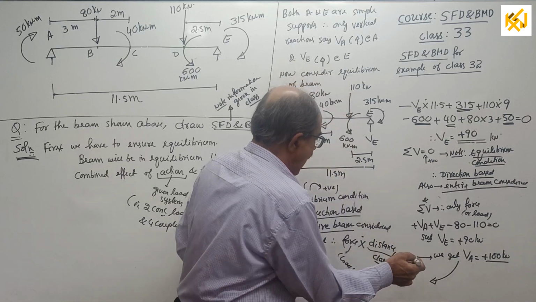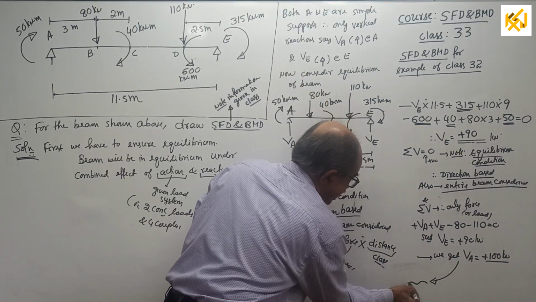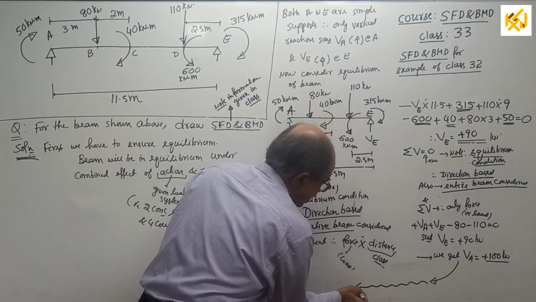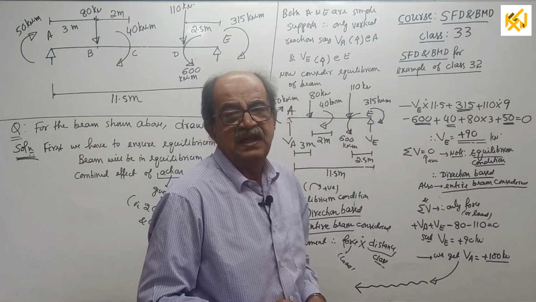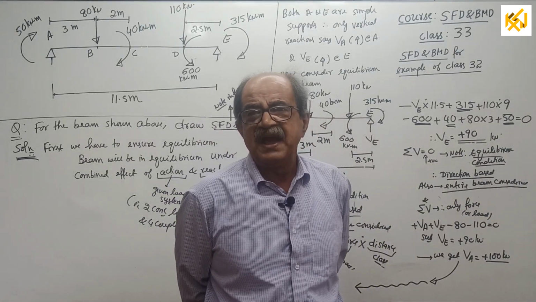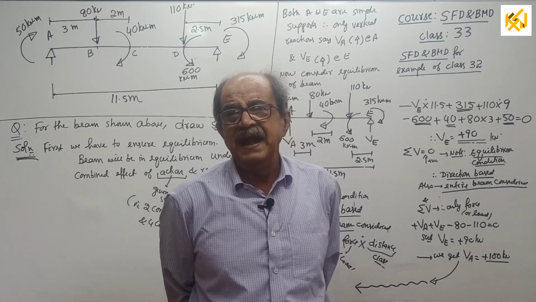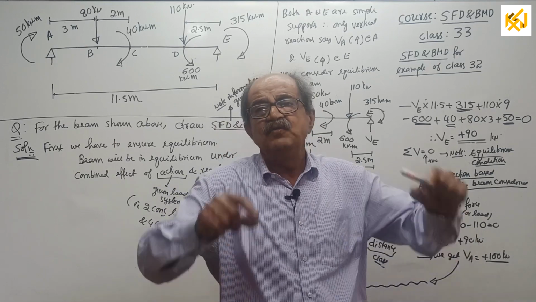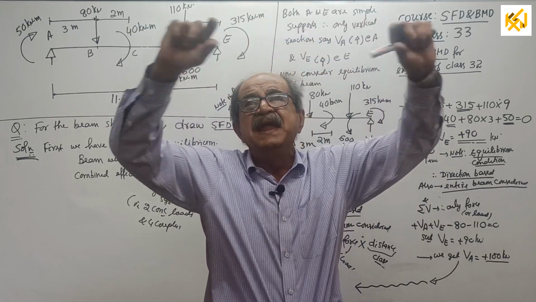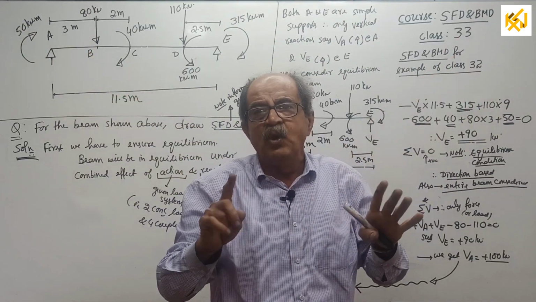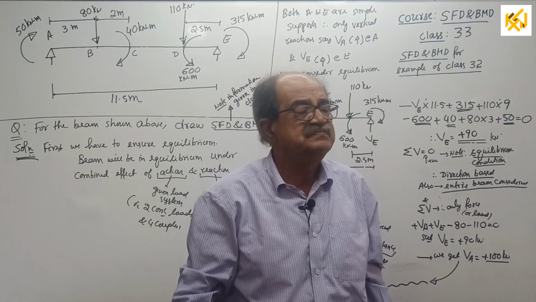Now, I am going to dictate something here. Those who want can make a note. We got reactions. Now we are going for SFD and BMD. For that, we will once again sketch the beam neatly with both action and reaction.